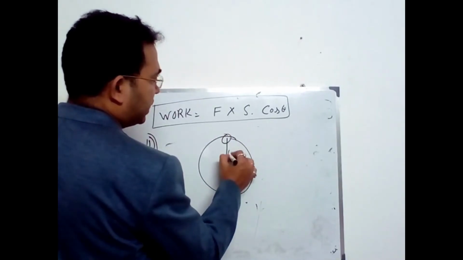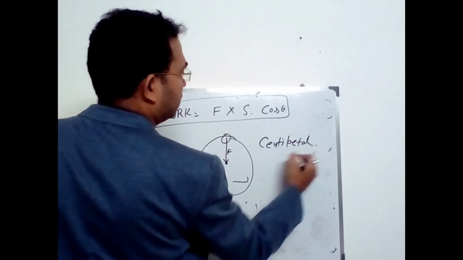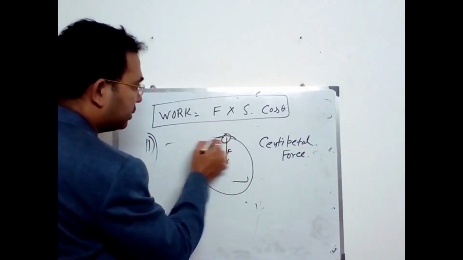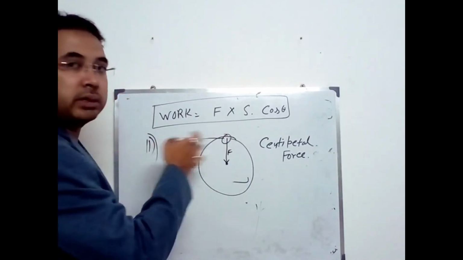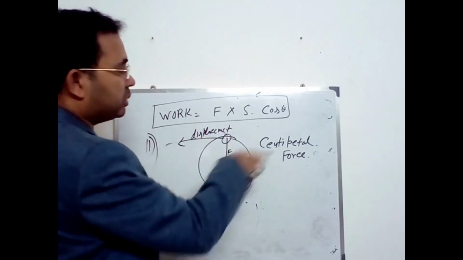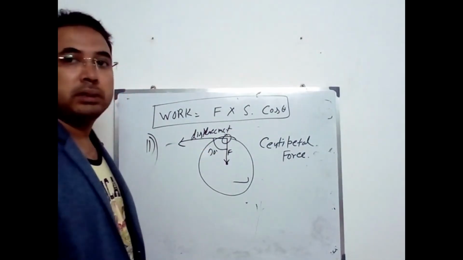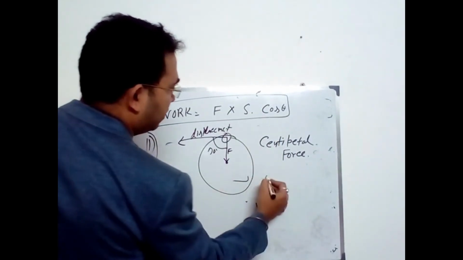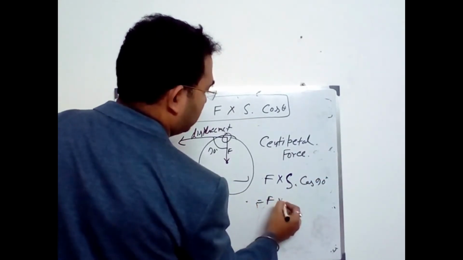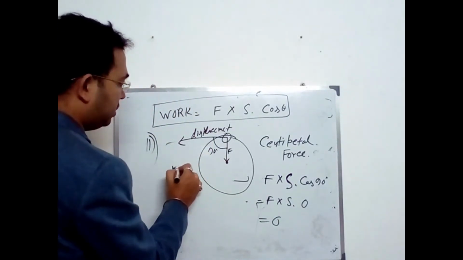The force which is acting towards the center, যেটাকে আমরা বলি সেন্টিপেটাল ফোর্স, centripetal force, the direction of the body is along the tangent of the circular path, so this is the displacement. তো ডিসপ্লেসমেন্টের সাথে ফোর্সের যে cos থিটা সেটা কত? 90 ডিগ্রি পারপেন্ডিকুলার আছে। তো f into s into cos 90 ডিগ্রি, cos 90 ডিগ্রির ভ্যালু হচ্ছে 0.